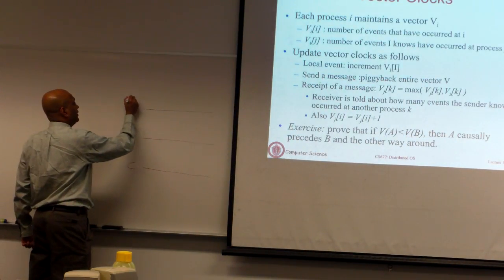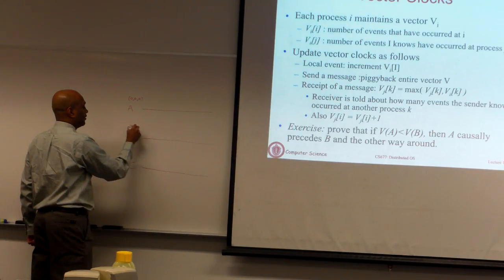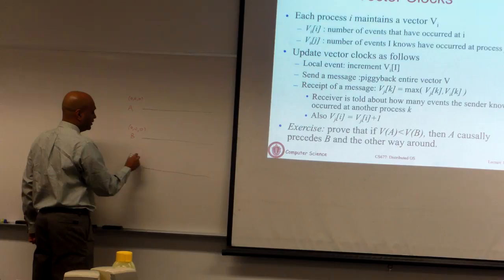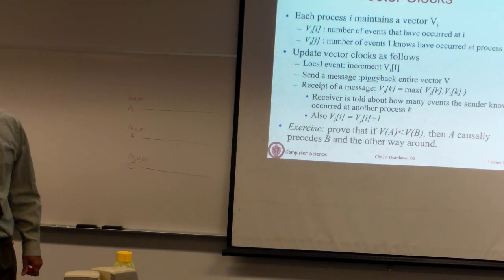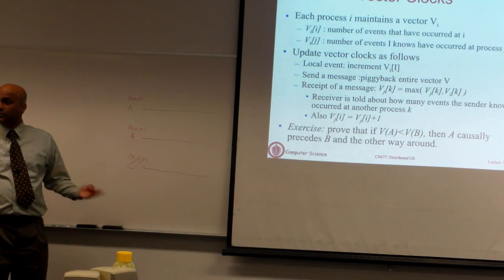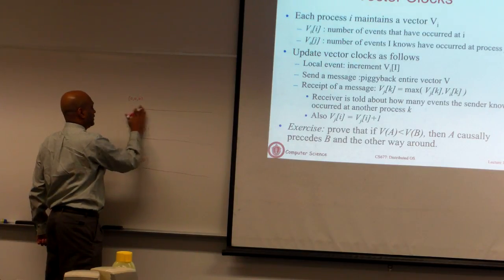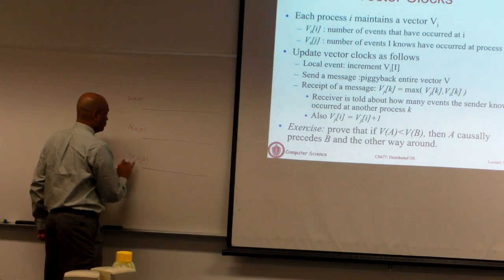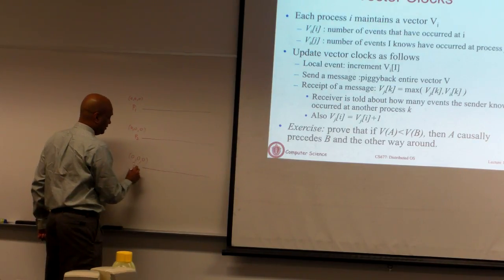So since there are three processes, each clock in this case is an array of three integers. A, B, C, all of them start with 0, 0, 0. Let's not call them A, B, and C, let's number them, just to be simple, call them P1, P2, and P3.